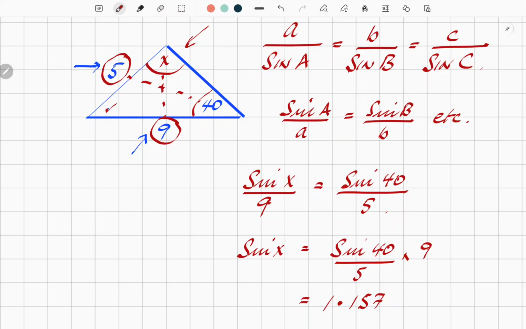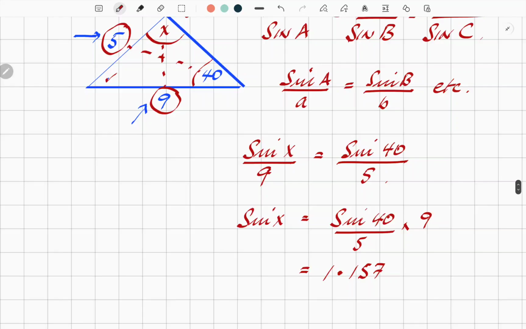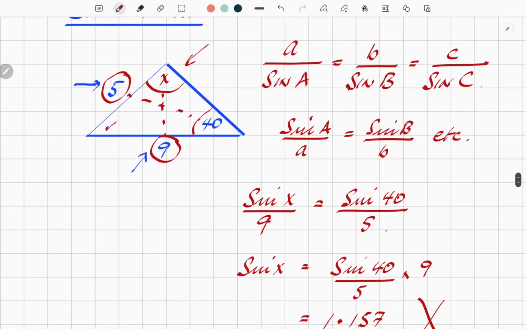What's wrong with that? Angle X looks too big to be right. Yes, that cannot be right because the maximum value of sine is 1. So my random choice of numbers has given us a funny answer.